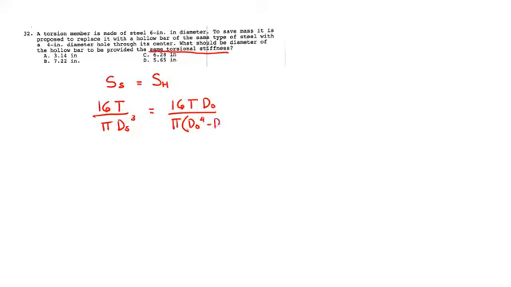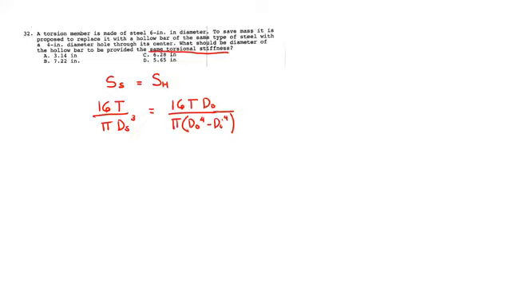For the same torsional stiffness, in a hollow shaft, we can just derive the formula. The stress of the solid shaft equals the stress of the hollow shaft. The stress of the solid shaft is 16T over pi times the diameter of the shaft raised to 3. Then the stress of the hollow shaft is 16T dO over pi times dO raised to 4 minus di raised to 4.